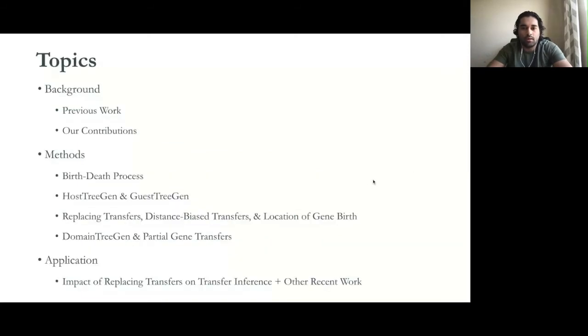As we jump in, this is a brief overview of the general layout for the talk today.